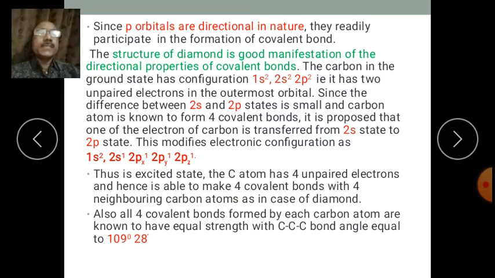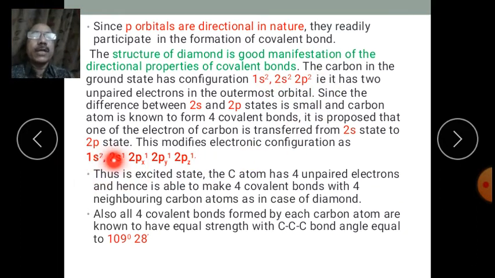Since the difference between the 2s and 2p orbitals is small, and carbon is known to form 4 covalent bonds, it is proposed that one electron is transferred from the 2s orbital to the 2p orbital. This modifies the electronic configuration.